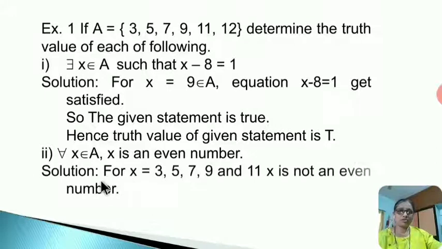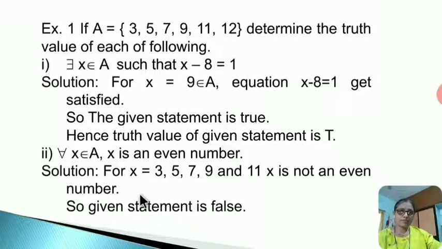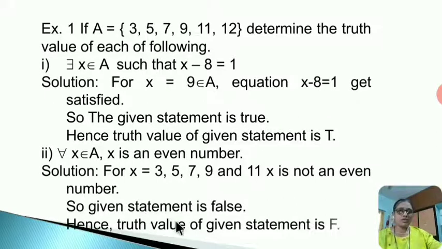And so in the solution, for x is equal to 3, 5, 7, 9 and 11, x is not an even number. हे सर्वचे सर्व ऑड नंबर्स आहेत. x हा आपल्याला इव्हन नंबर मिळत नाही. And so the given statement is false. And hence the truth value of the given statement is false here, that is F.